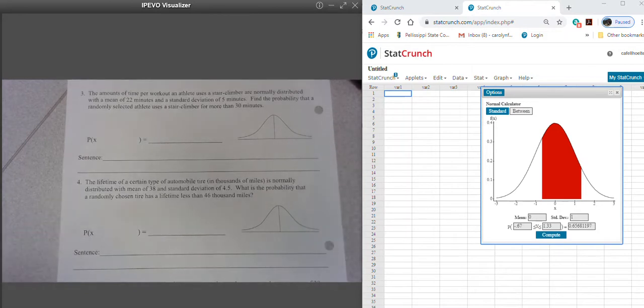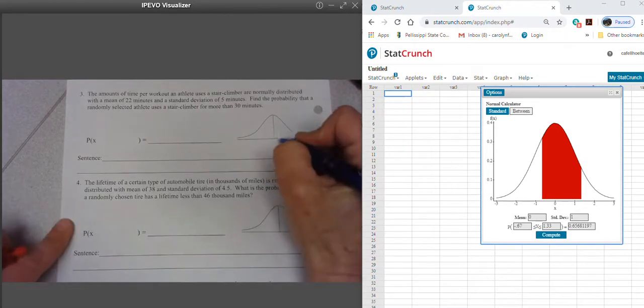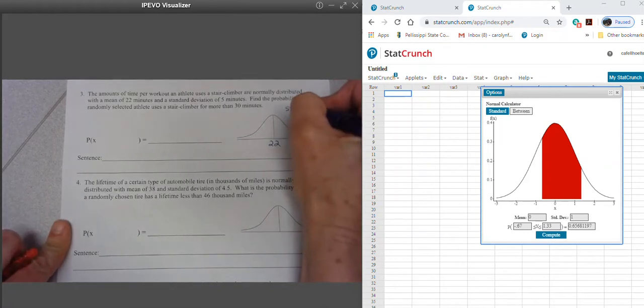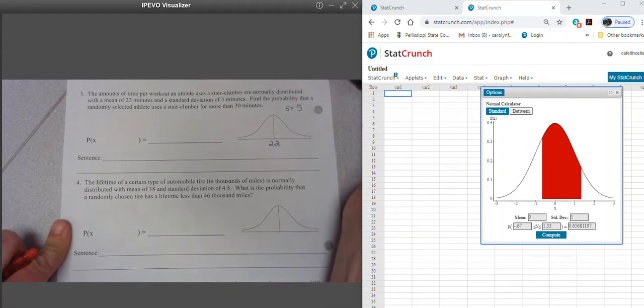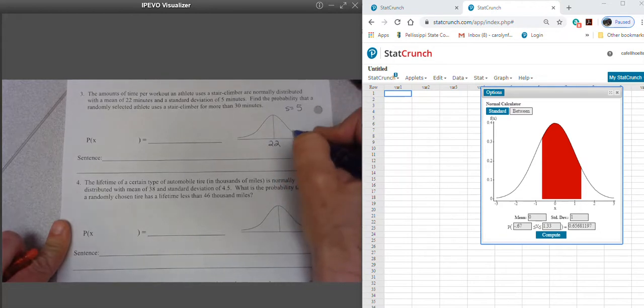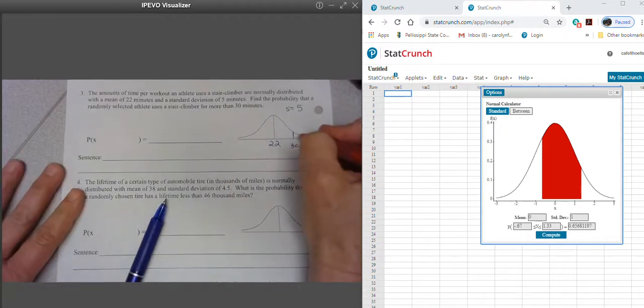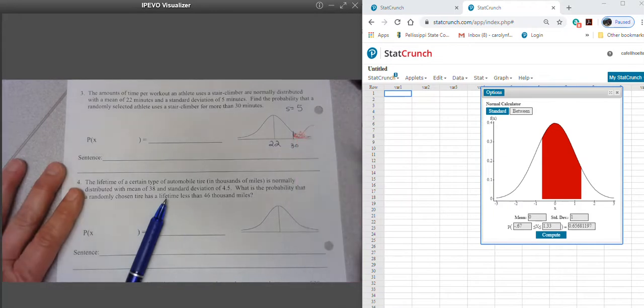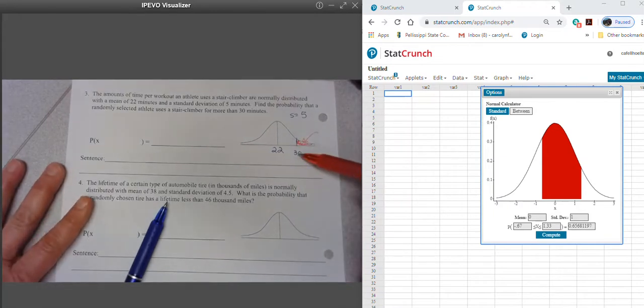The average time is 22 minutes and the standard deviation is 5. We're up here at 30 minutes, and it says more than, so it's greater than. If we can find the area of this little piece here, then we can figure out the probability that an athlete would use the stair climber for more than 30 minutes.